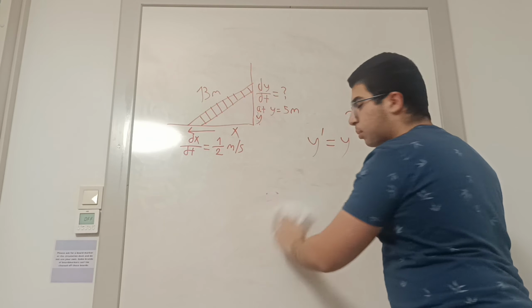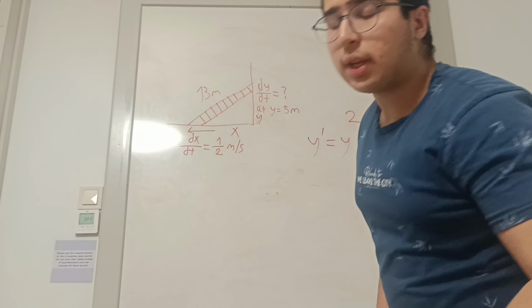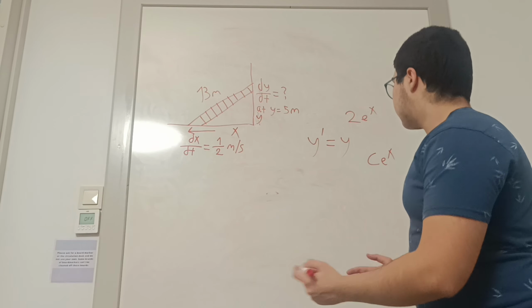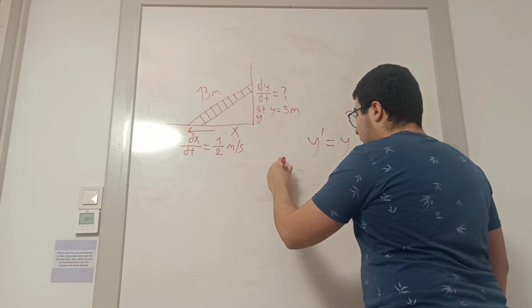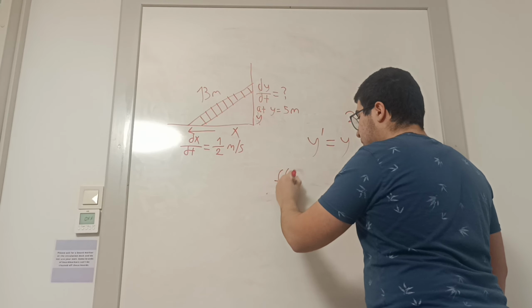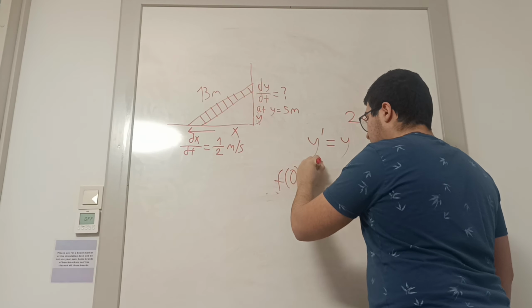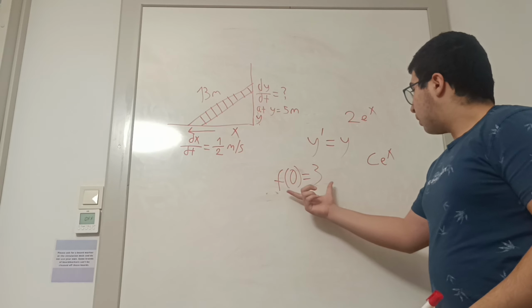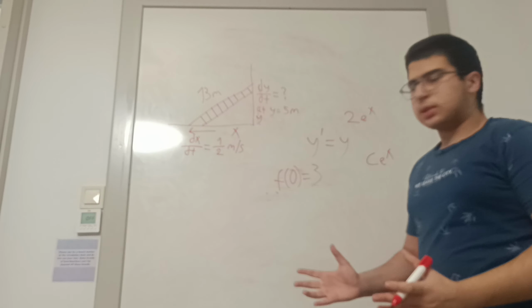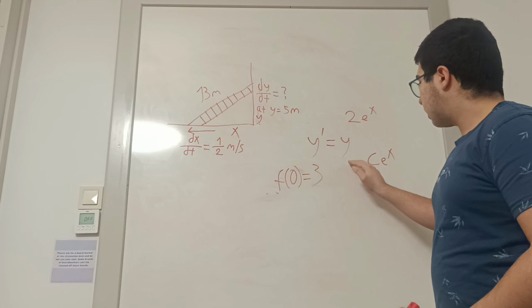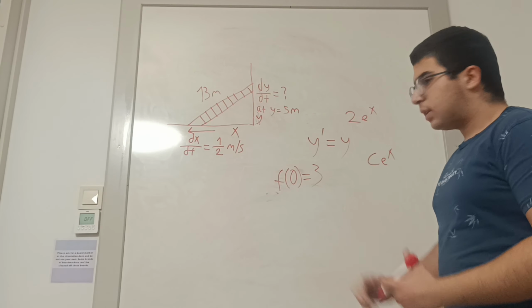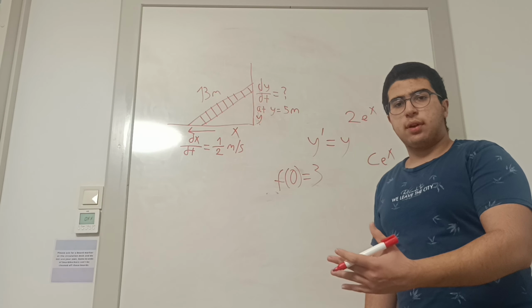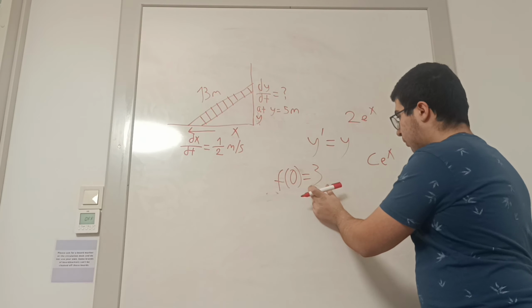If in the problem we are given an initial condition such as f of 0 is equal to 3, this says that we have a function which satisfies this differential equation, and when we give 0 as an input to this function, we get 3 out of it.